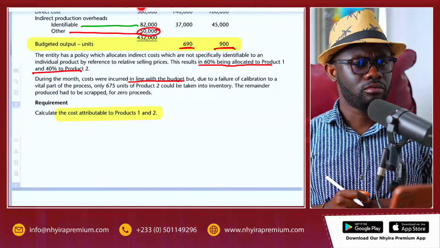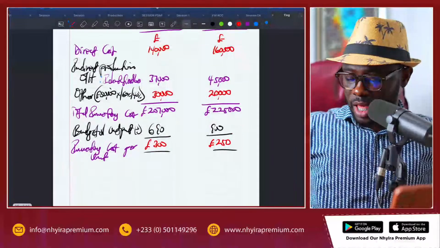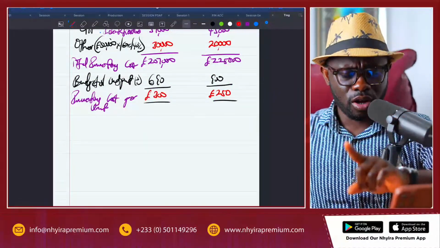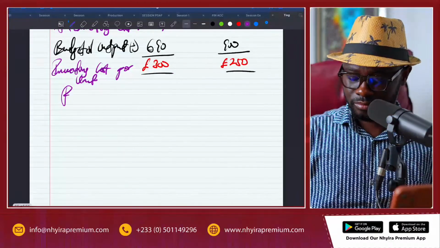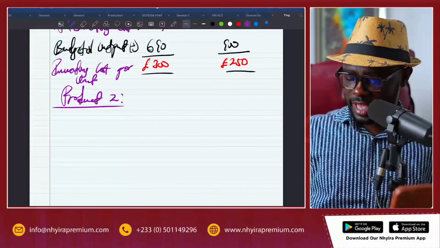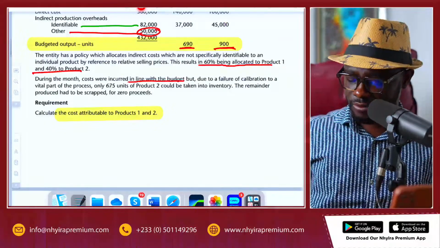Oh. So it means that when it comes to product 1, no problemo, they got all the 690. But when it comes to product 2, something happened. So product 2, the actual they got in inventory was 675.